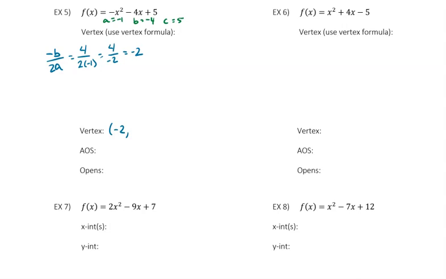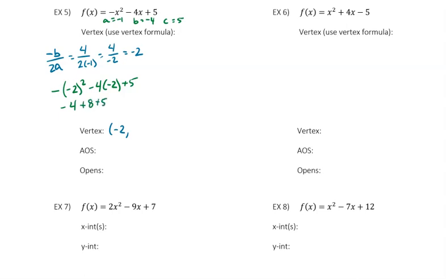We just need to find the y value now. To find the y value, we're going to plug it back in to the original function. So that's going to be negative 2 squared minus 4 times negative 2 plus 5. So this is going to be negative 4 plus 8 plus 5.